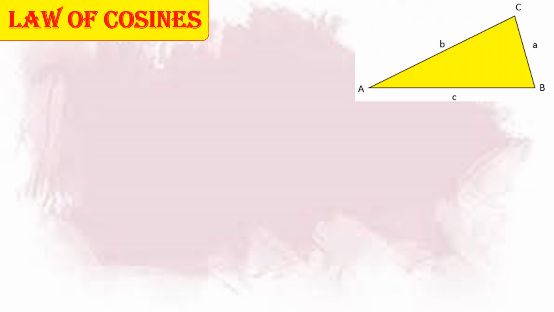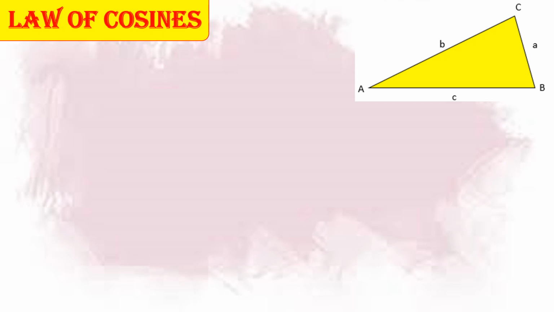Okay, so we just tackled the law of sines and the ambiguous case. Now we will be talking about the law of cosines. So we have here the figure, the triangle ABC. As you can see, ulitin ko ulit, in naming a triangle, always and always, the capital letters are the angles and the small letters are the sides.